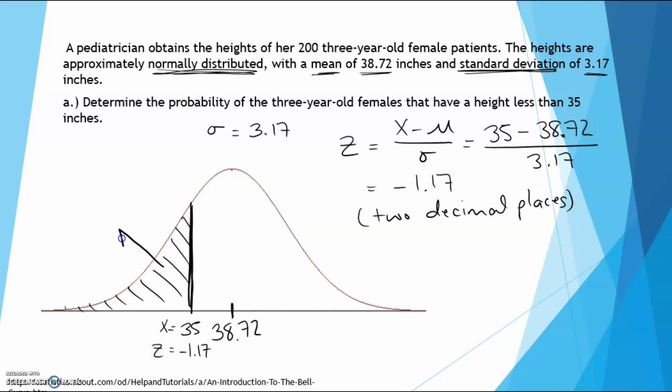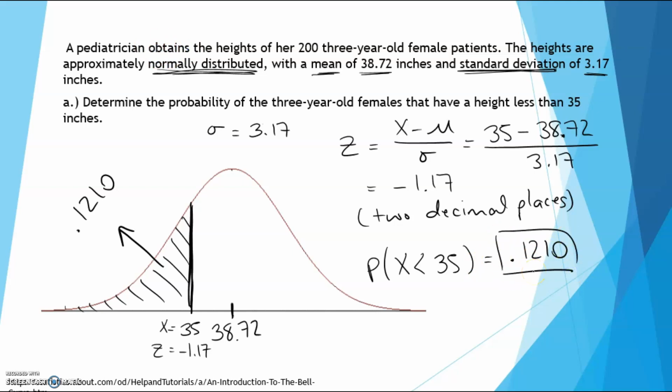The area to the left of that z-score is 0.1210. So the probability that you've got a 3-year-old female patient that is less than 35 inches is 0.1210. And that's your final answer.